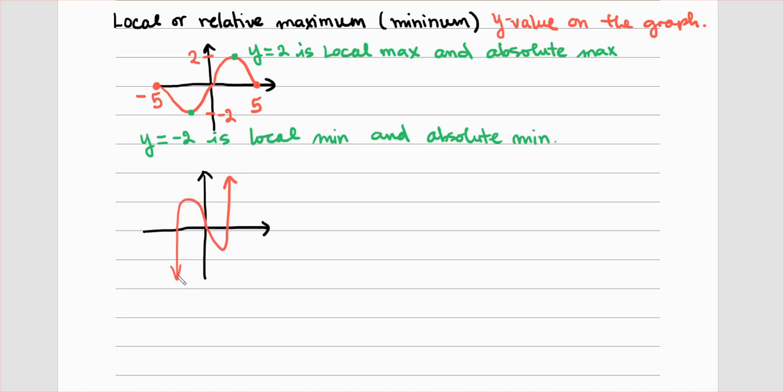Now, if you look at here, your left end and your right end of the graph, they go to the infinity. So if we're talking about the domain on this graph, the domain would be all real numbers on the x-axis. If you go back to the previous graph, the domain is from, we have to use this square bracket, -5 to 5.